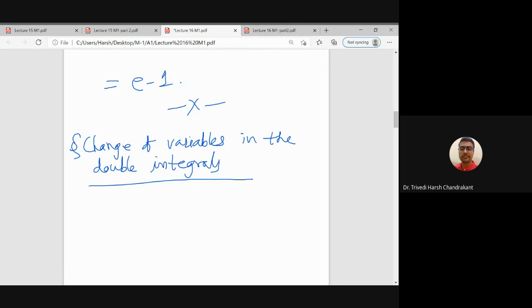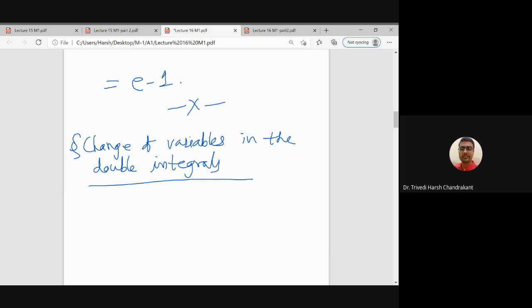Change of variable we already know from single variable functions. When we have y equals f of x, we can change the variable x by t or t square and so on. So the same method we want to discuss for the double integral.